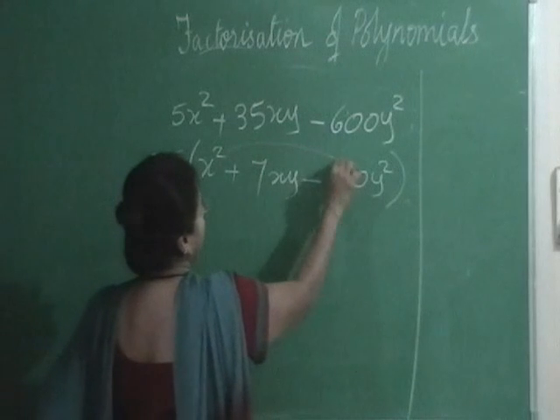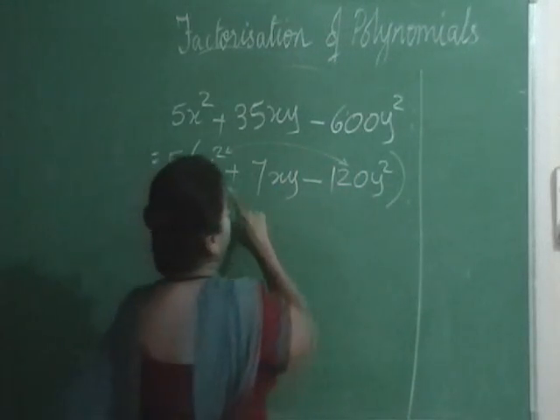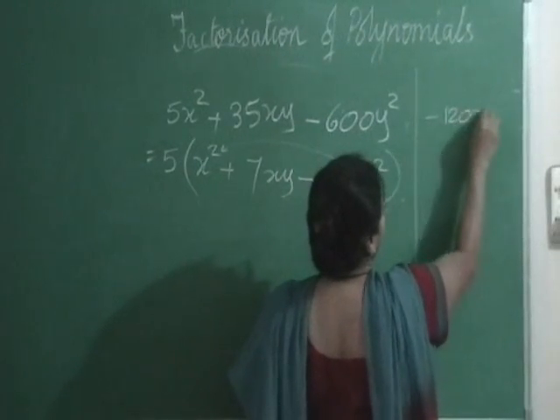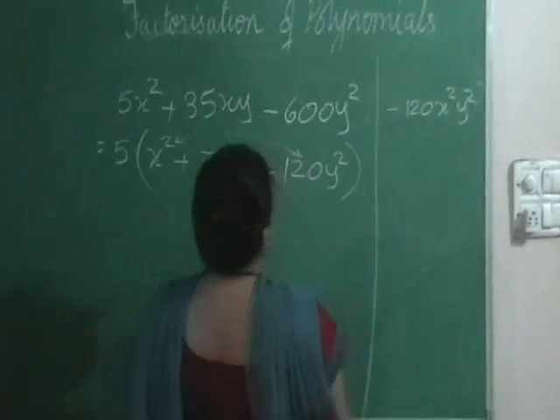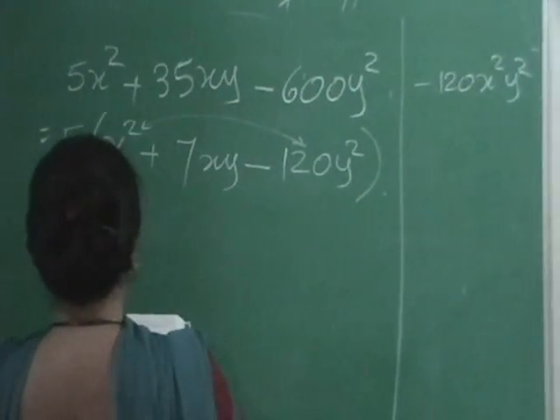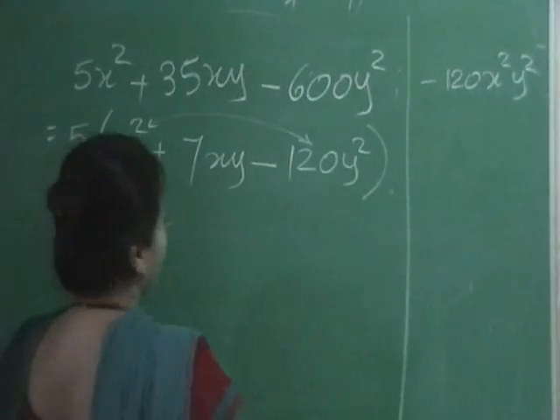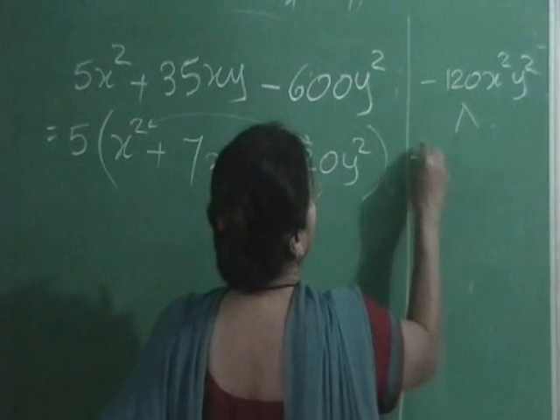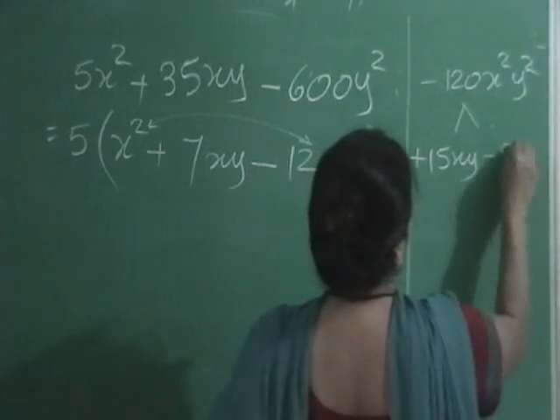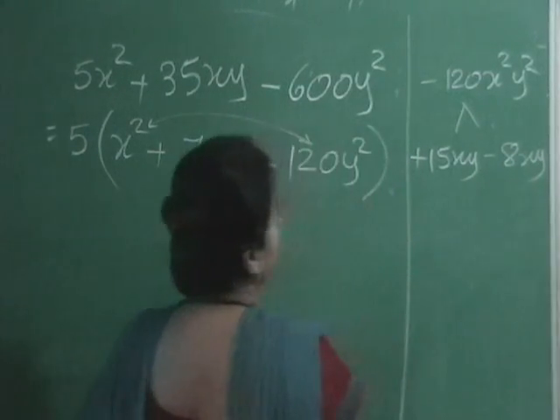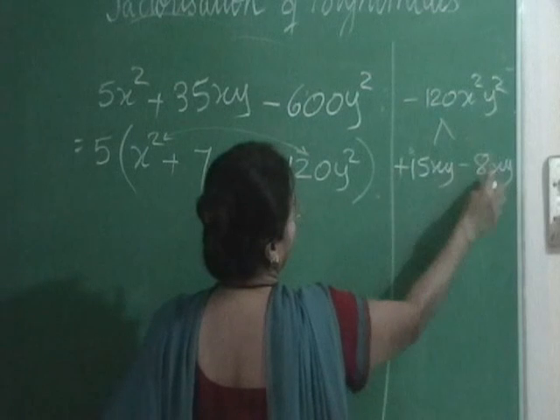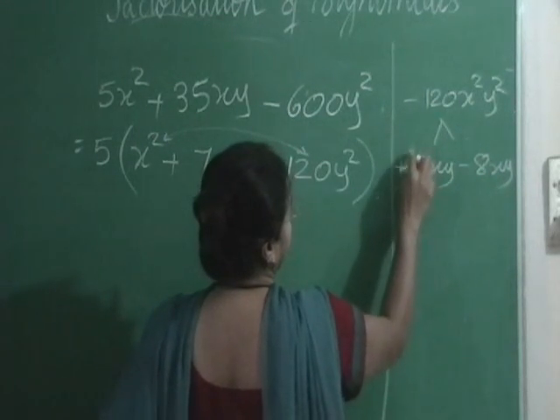Same method, multiply first and the last term. X square into minus 120y square is minus 120x square y square. If you factorize 120, your factors should be in such a way that you get 7xy in between. So plus 15xy and minus 8xy. Let's check whether it is correct. 15 into 8, 8 5s are 40, 8 1s are 8, 9, 10, 11, 12.